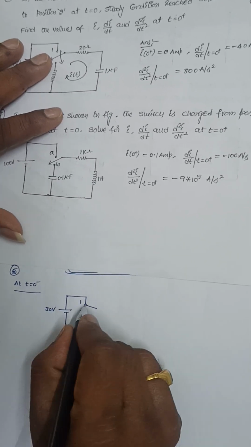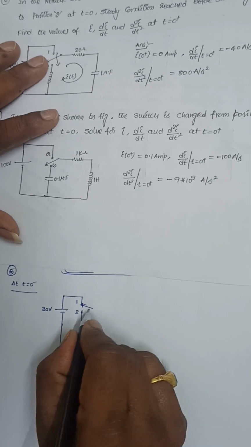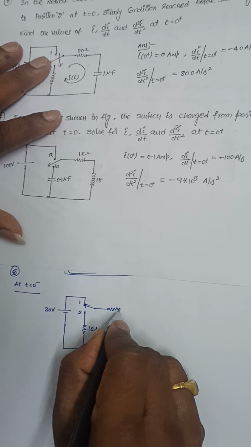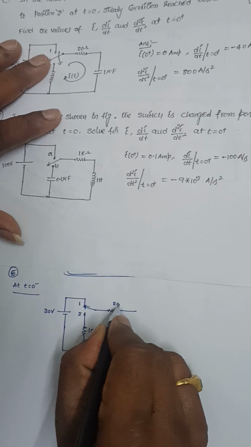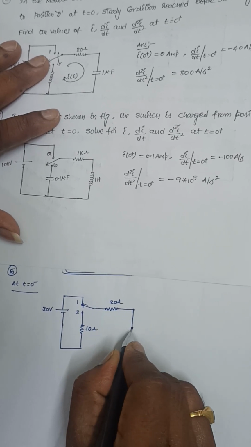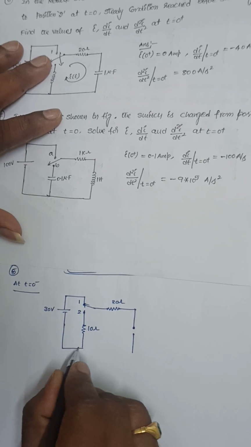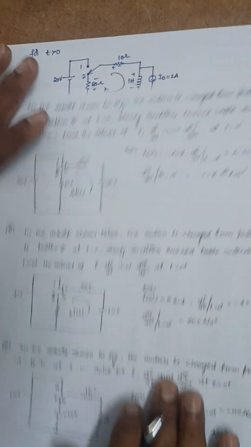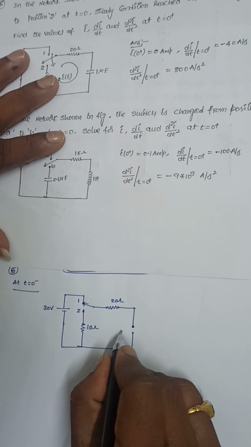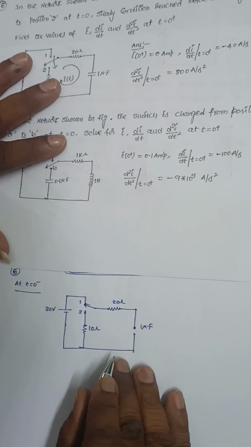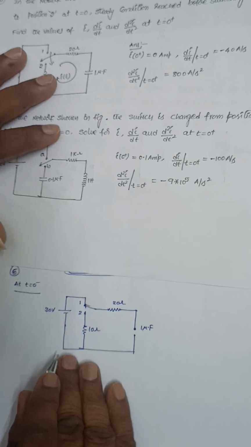At t equal to 0 minus, the switch is at position 1 and it has reached steady state. It is 20 ohms, and the capacitance will act as an open circuit under steady state condition. The capacitance is 1 microfarad, and the resistance is 20 ohms.